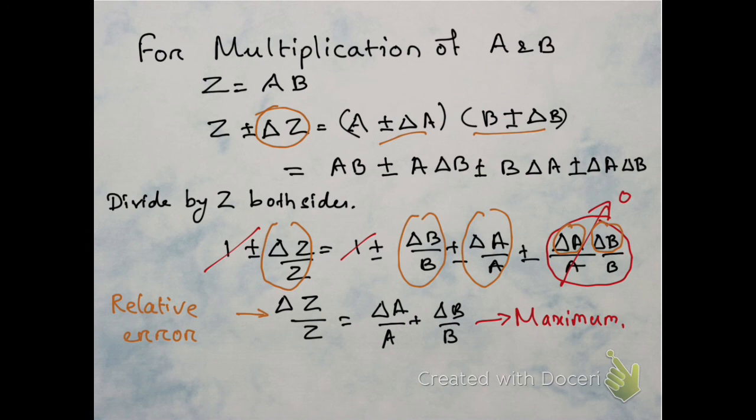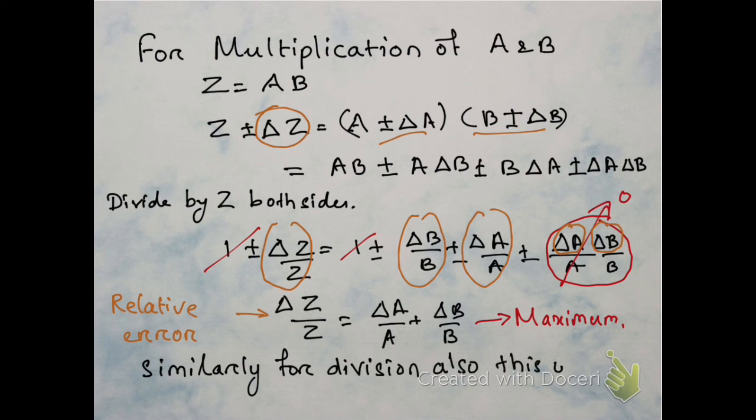So the ultimate relative error in multiplication will be the summation of the relative error of A and the relative error of B. Similarly, if we calculate for division, it will also come as the maximum. So whether it is a multiplication or division, the maximum relative error will be the summation of both the relative errors.